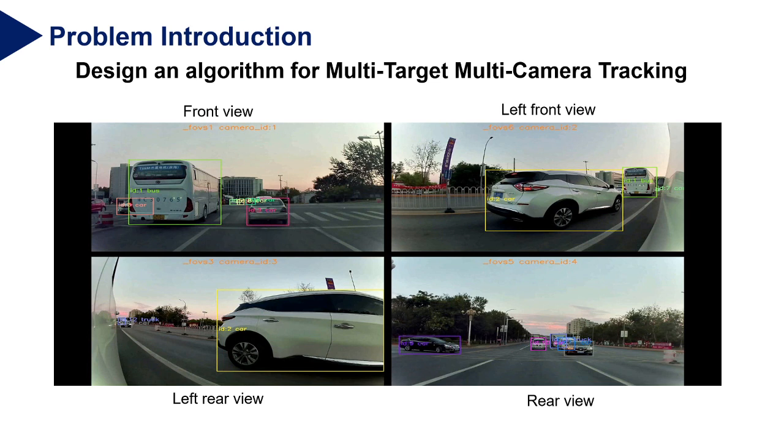Multi-target and multi-camera tracking systems can normally automatically track multiple vehicles using an array of cameras. In this challenge, we are required to design a robust MTMC tracking algorithm targeted at vehicles, where the same vehicle captured by different cameras possesses the same tracking ID.